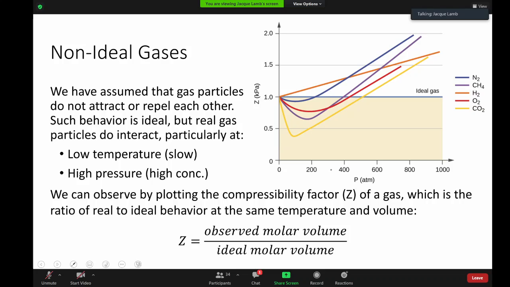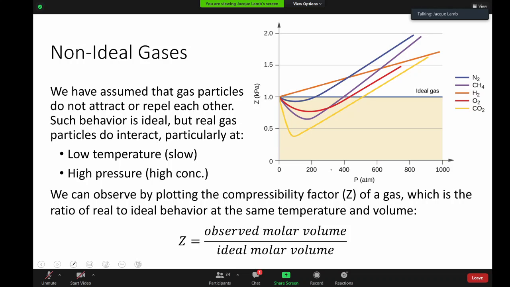We made two assumptions in the kinetic molecular theory that are actually not true. One of those is that gases do not attract or repel each other. Gas molecules can attract or repel each other.